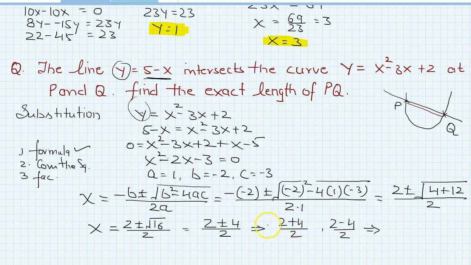So this means 6 over 2, 3. And this is minus 2 over 2, minus 1. So this x coordinate is minus 1 and this x coordinate is 3. Now we are going to find the y coordinate.